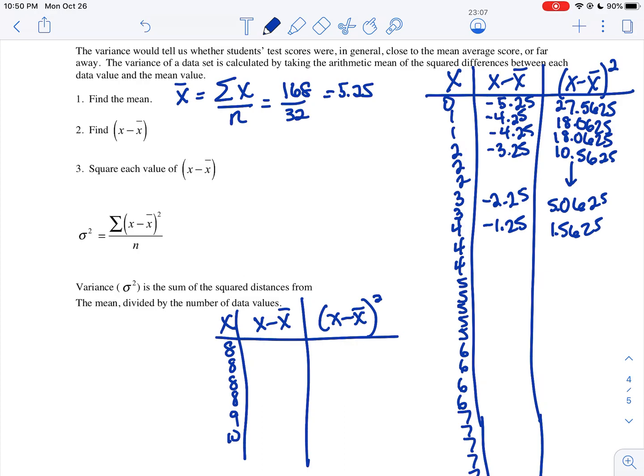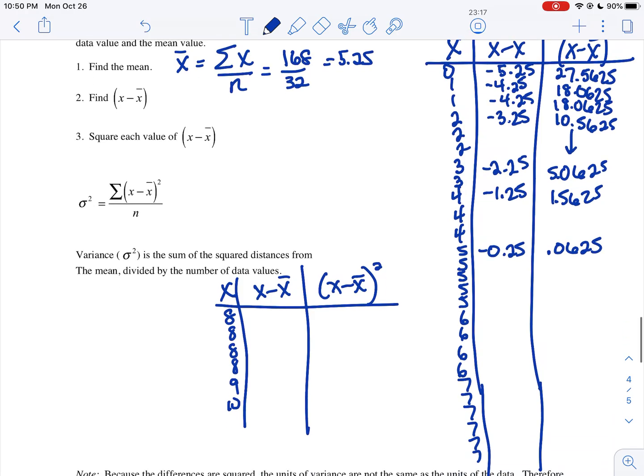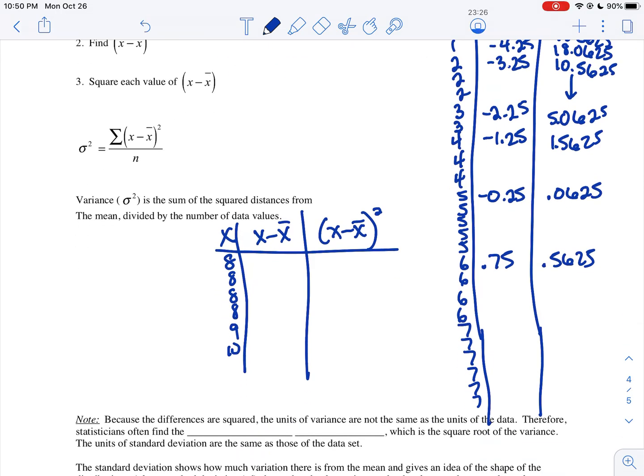Then we're going to go down to where the 5 is. You take 5 minus 5.25, and if you square it, remember, negative squared becomes positive. Then when I did the 6, I got 0.75, that's 0.5625. For the 7, I'm not going to write it all out, but I got 3.0625.